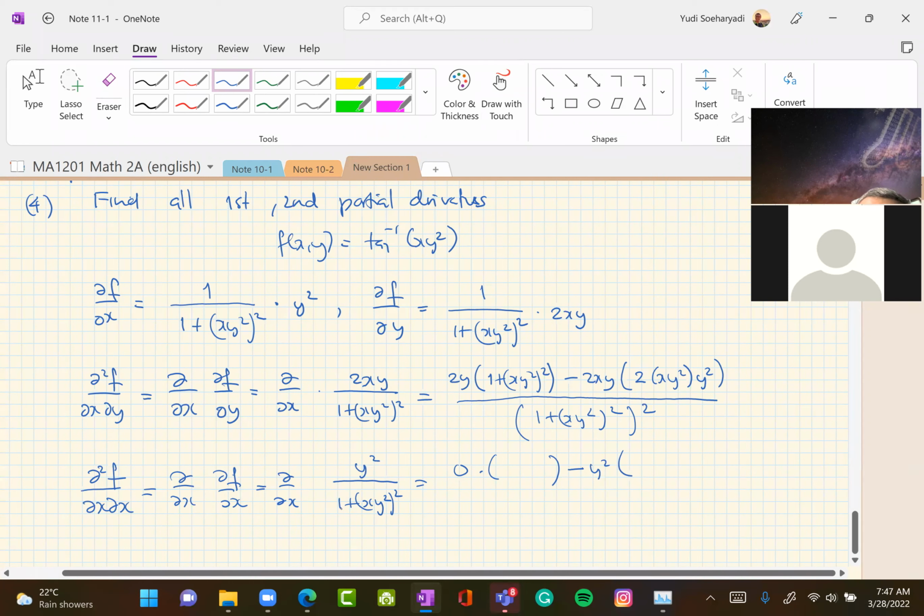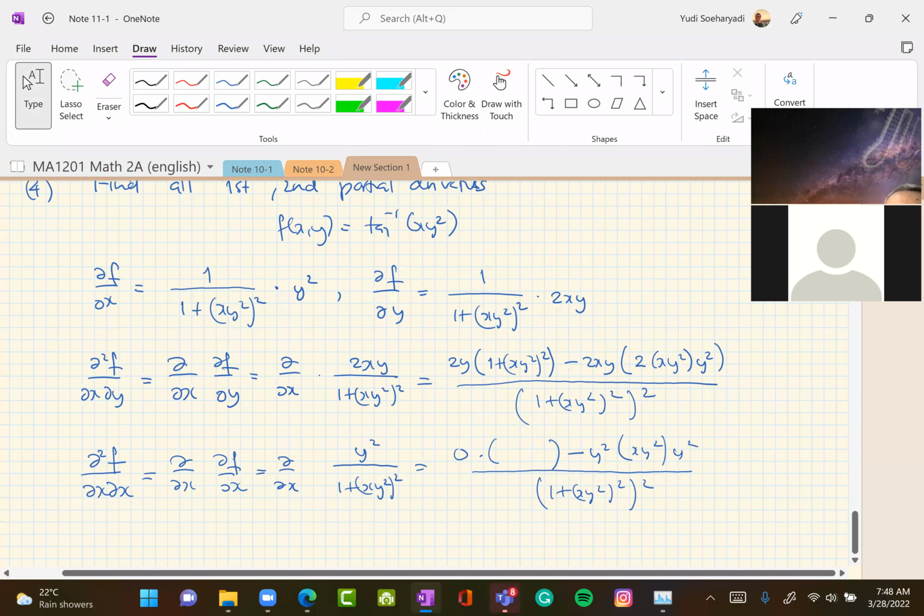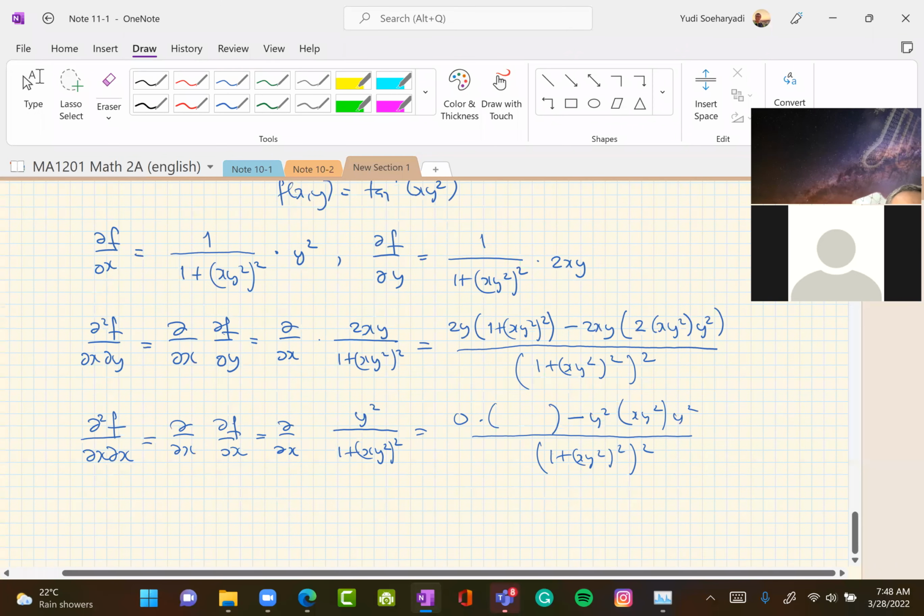The derivative of the 1 is 0. The derivative of this: x y squared to power 1 times the derivative with respect to x, which is y squared, over the square again.